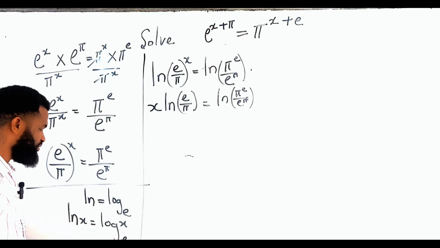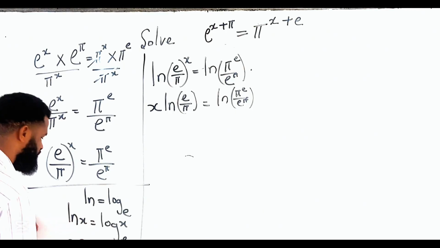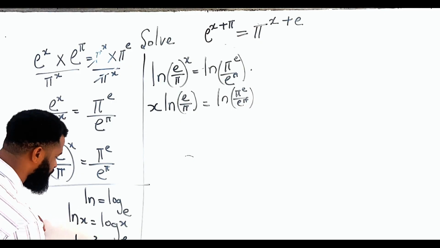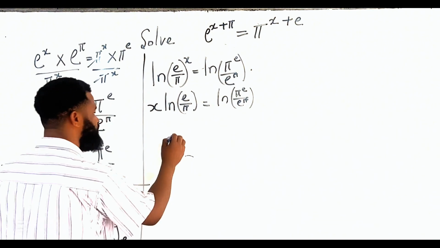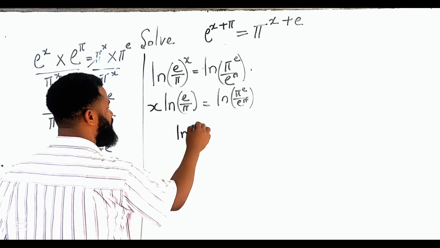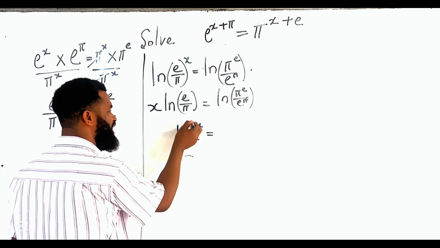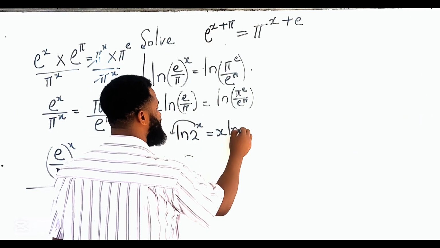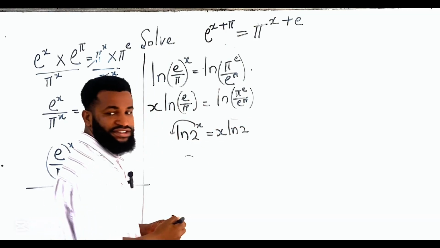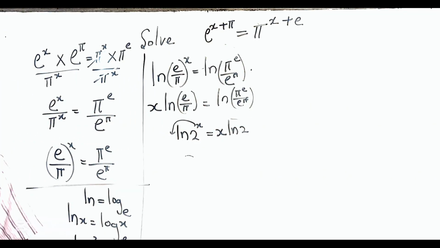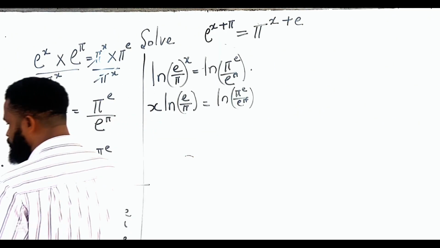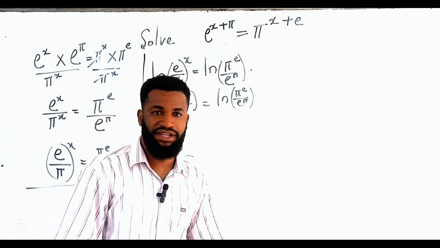So now, if I have ln 2 raised to power x, the x is going to come down and multiply the log itself. I have x ln 2. Remember, this exists. I want you to have that at the back of your mind.